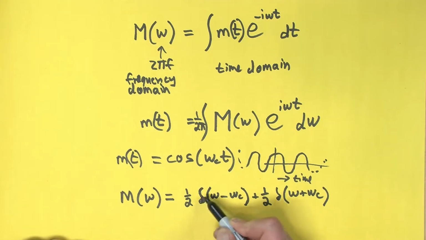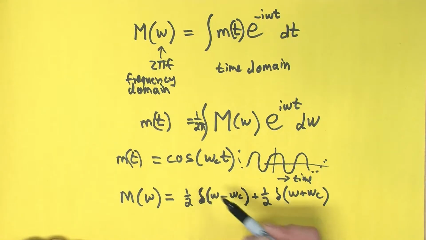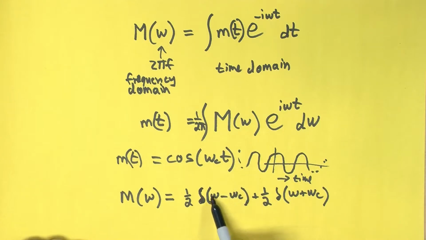In a continuous sense, it produces an infinitely high 1 value with an area of 1. If we use it in the format of omega minus omega c, well, what that means is it only gets its 1 value when omega equals omega c, or over here where omega equals minus omega c.